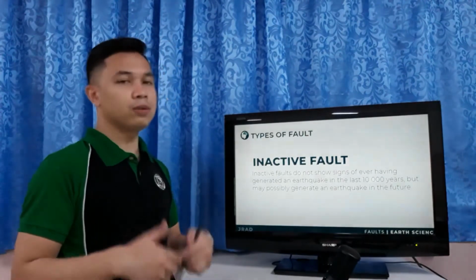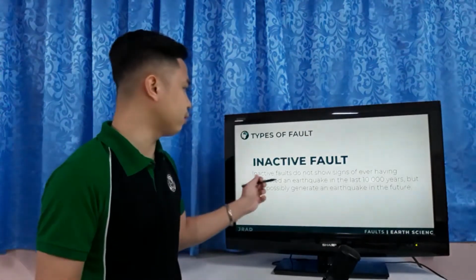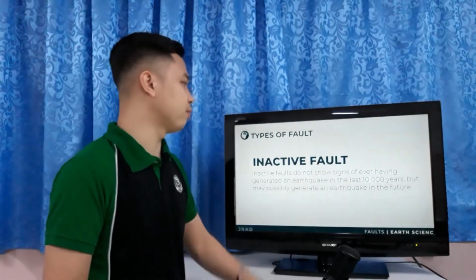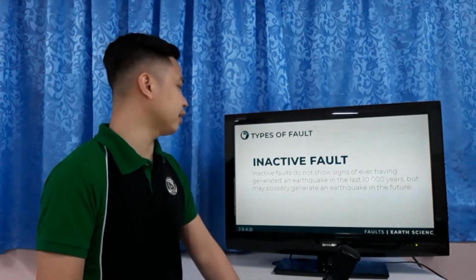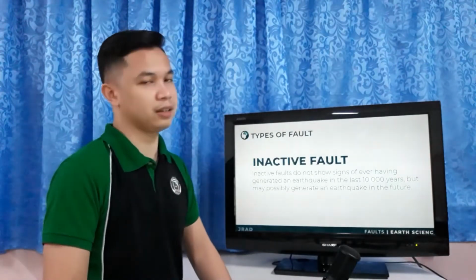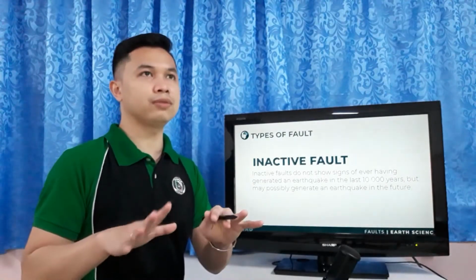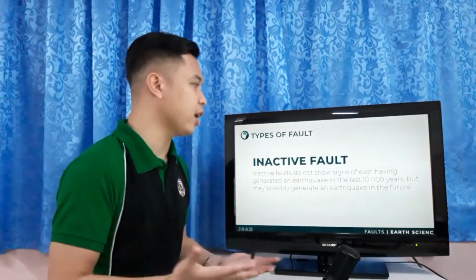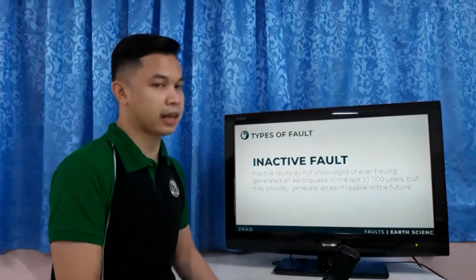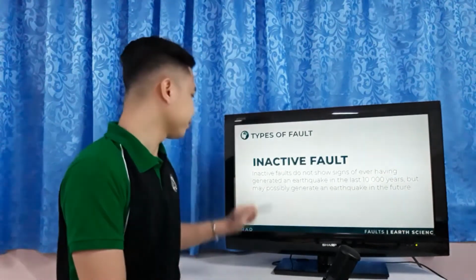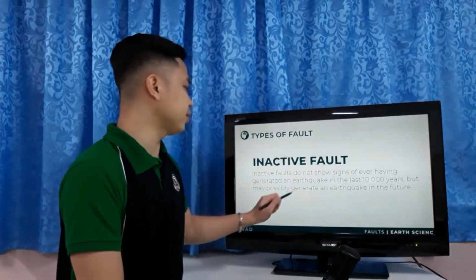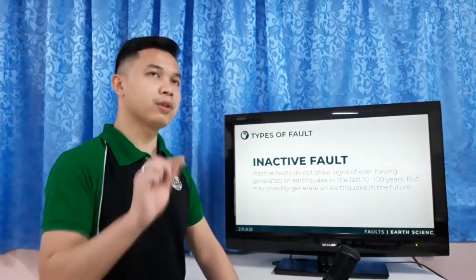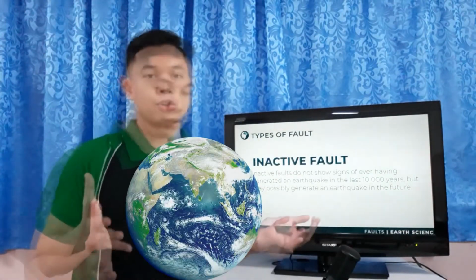Ngayon, it can only be considered inactive fault which they do not show signs of ever having generated an earthquake in the last 10 years. Kapag yung fault na yon, for the past 10 years, hindi nagkaroon ng earthquake or any kinds of shaking, then considered inactive.